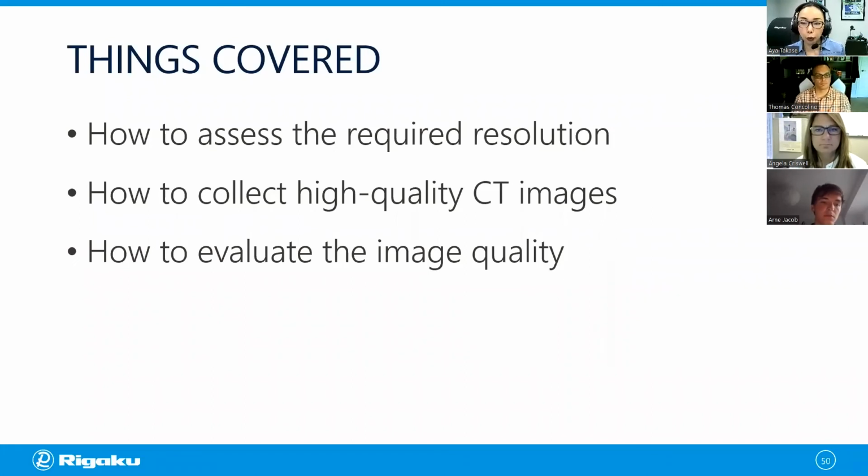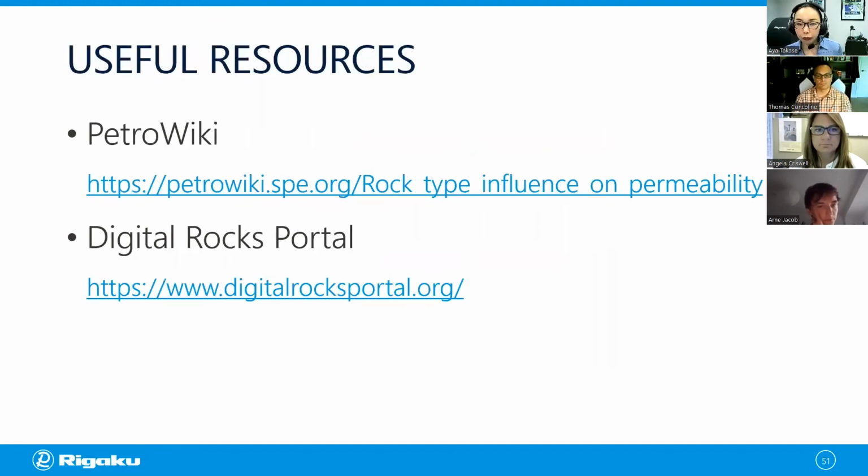Now, before we take more questions, there are 2 more resources I wanted to share with you. Again, Tom can put the actual links and URLs in the chat. One is PetroWiki. This is a good site to see what kind of data people collected in the past. This is a good database for all the data sets you can look at. And the other one is Digital Rocks Portal.